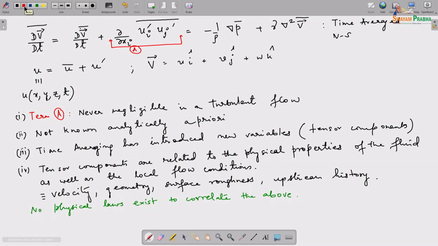So this term A, therefore, these are tensor components. We can also call this essentially an inertia tensor. I am going to call this inertia tensor.